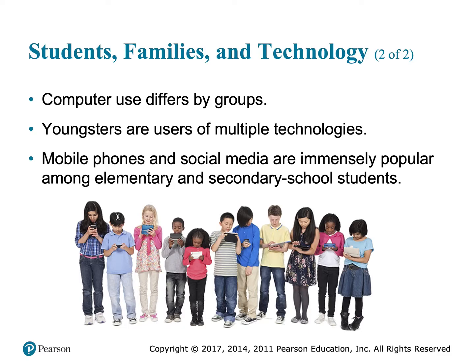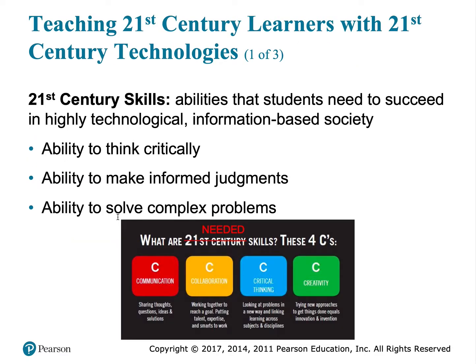The babies nowadays, they're getting all kinds of different stuff to play with, but generally that phone's king. Phone's number one. And of course, social media, it says immensely popular among elementary and secondary school students. It's immensely popular with everybody. So how we use that to our advantage is what we're going to talk about too in this class.